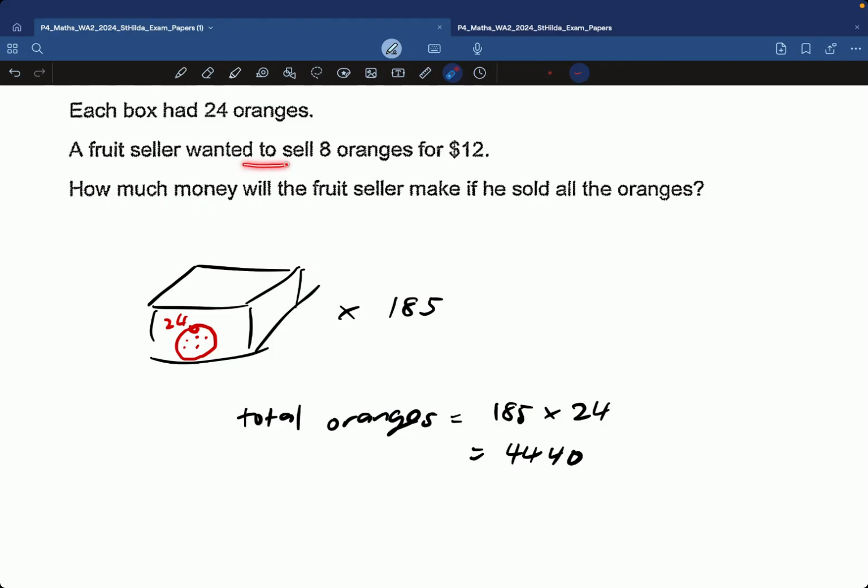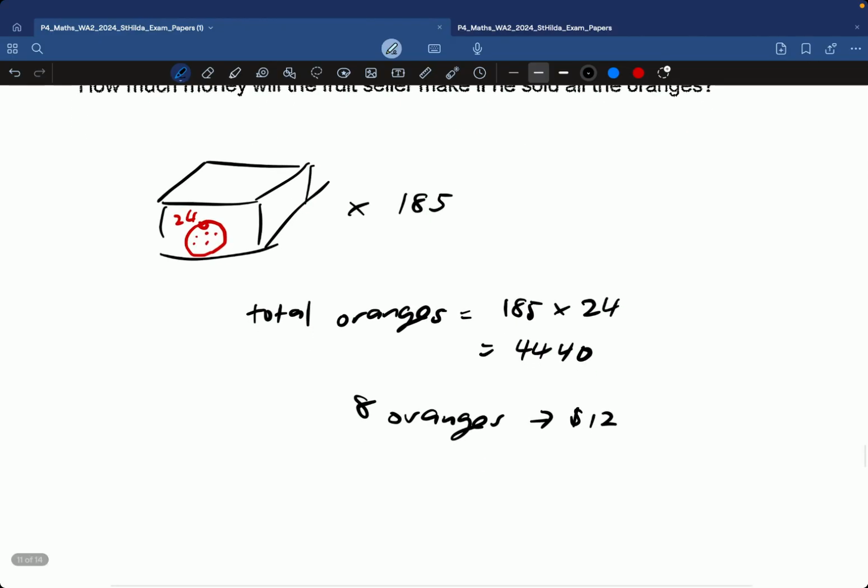All right. Now we know the total oranges. The seller wanted to sell 8 oranges for $12. So if 8 oranges is sold at $12, then one orange will become $12 divided by 8.